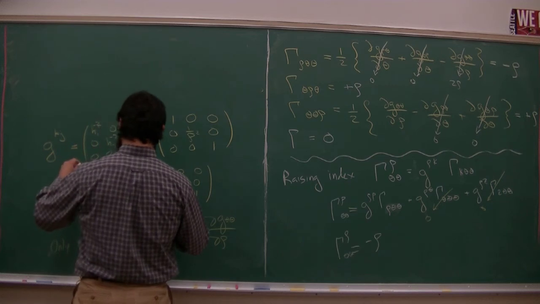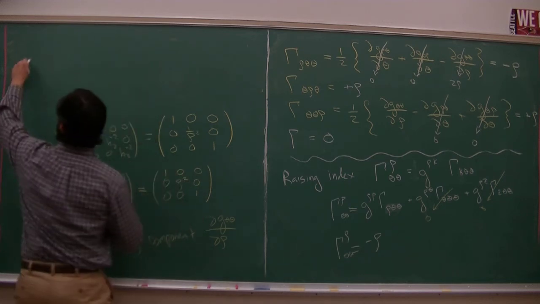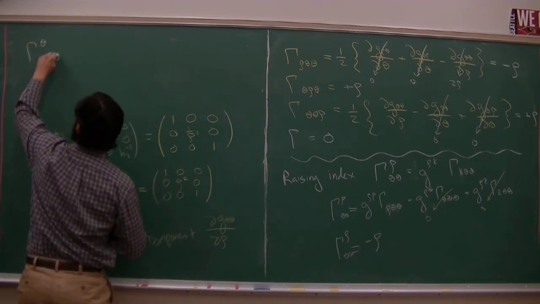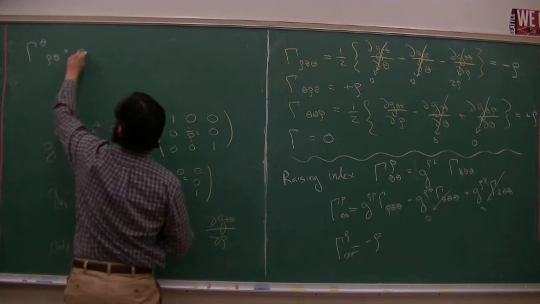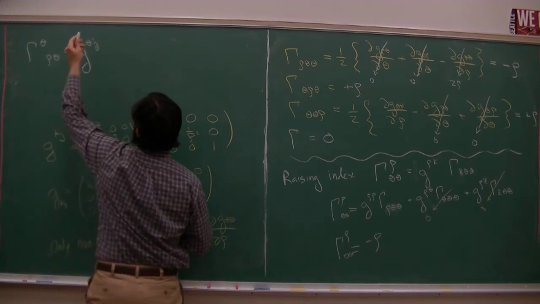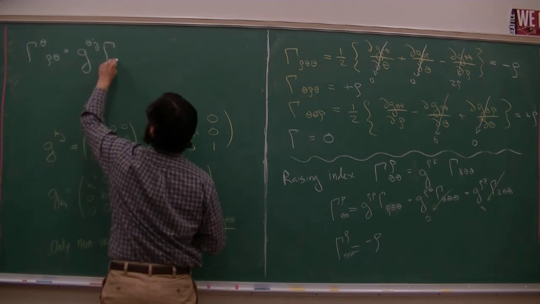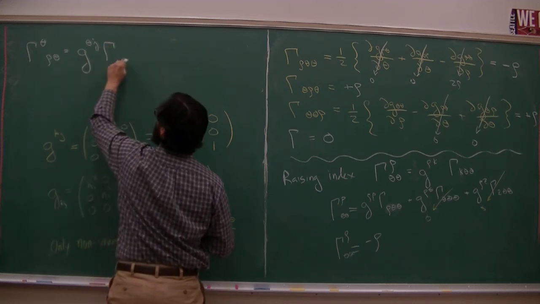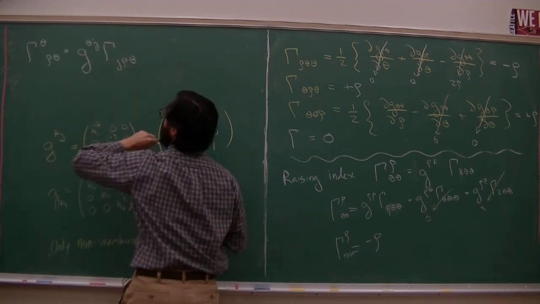Okay, so I'll do this for theta rho theta, and that is going to be, we need a theta upstairs. We have a dummy index that we sum over, and then j, and then rho theta downstairs.